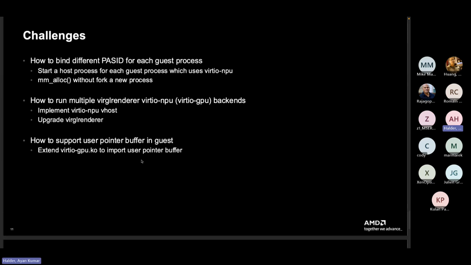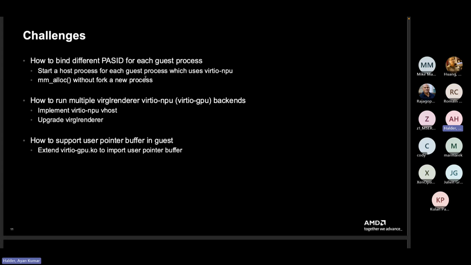So the last slide talks about the challenges for this project. The first one is how to do per-guest-process isolation. That means we have to generate a PASID for every guest process. One thought is that we could start a host process for each guest process, creating maybe a shadow process to provide the isolation.